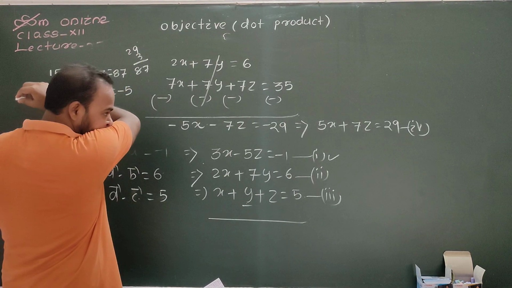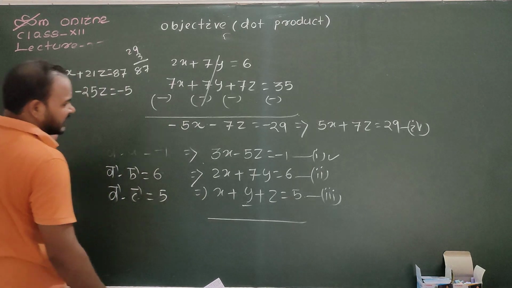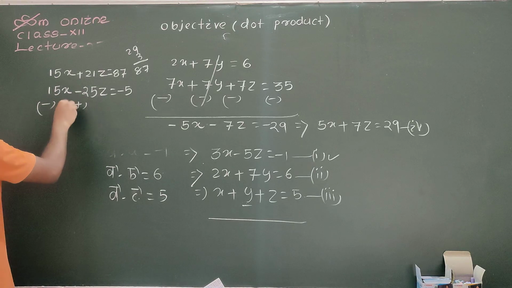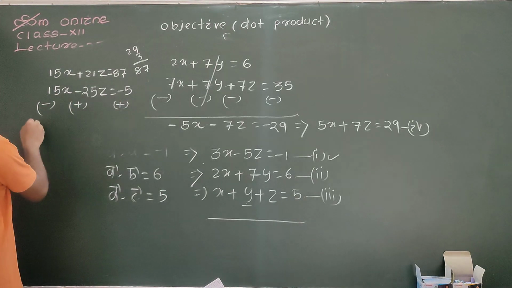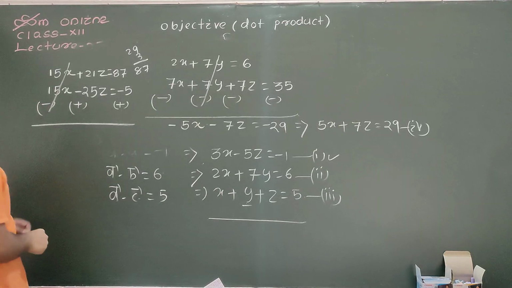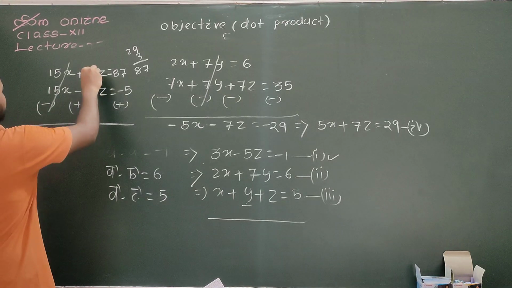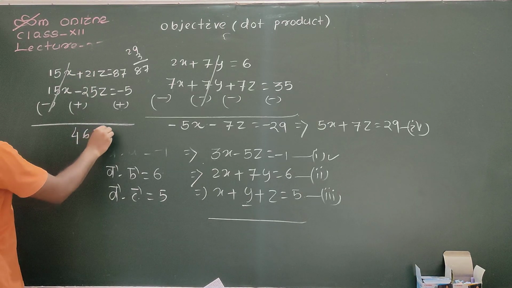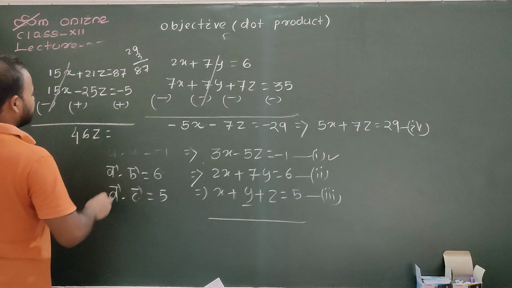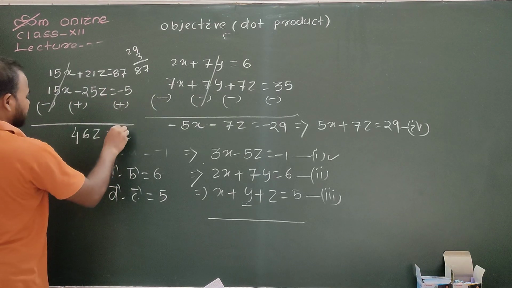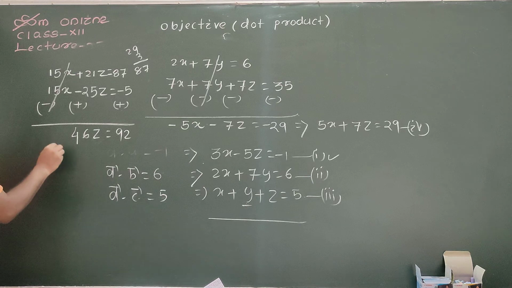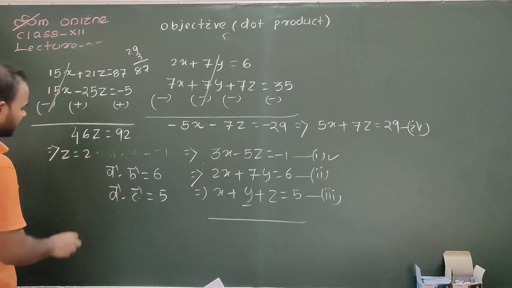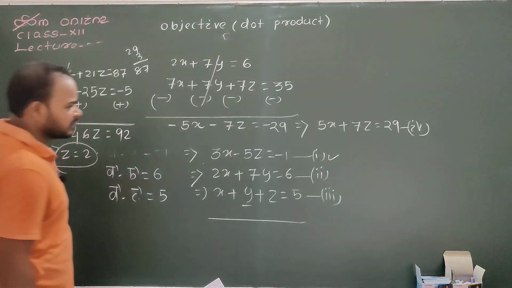Now plus and plus cancelled, and this is 21 plus 25, that is 46z, equal to 87 plus 5, that is 92. It implies that z equal to 2. We have the value z equal to 2.